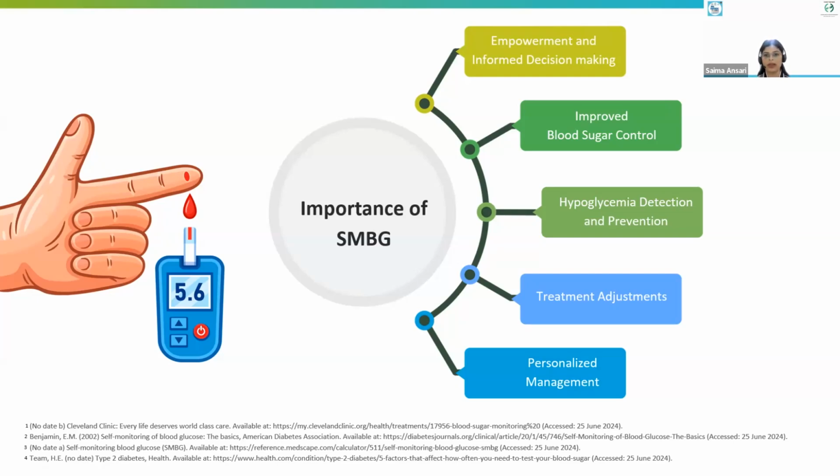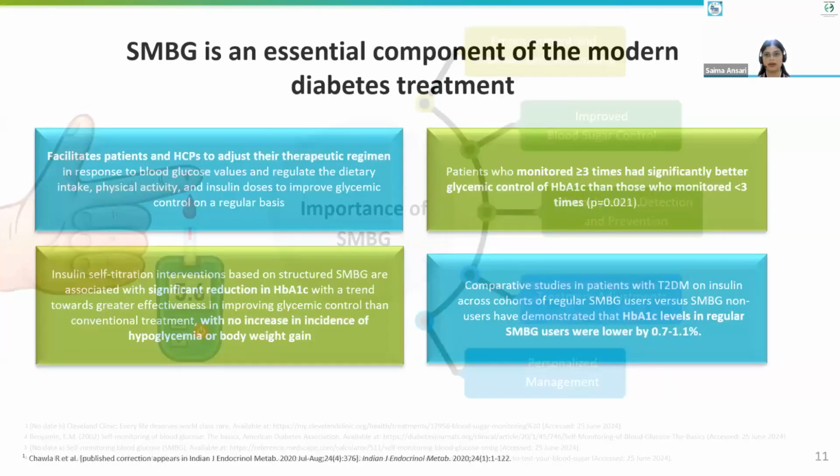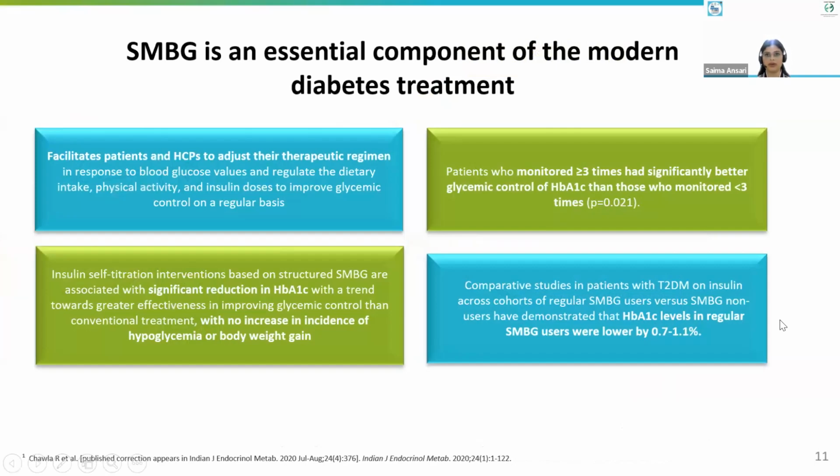Blood sugar monitoring also helps in adjusting treatments, and in making personalized dietary adjustments and lifestyle modifications considering the patient's current routine. So SMBG is an essential component of modern diabetes treatment.